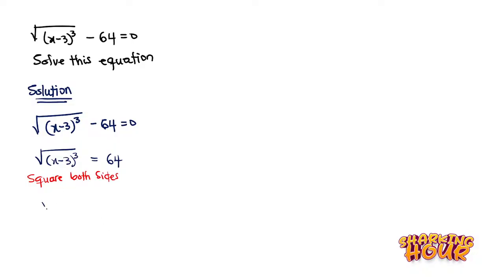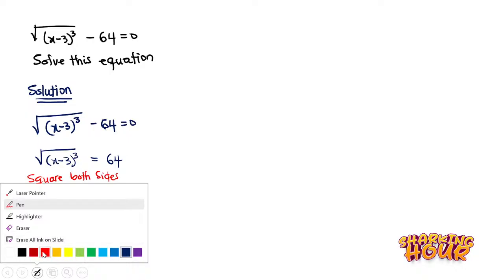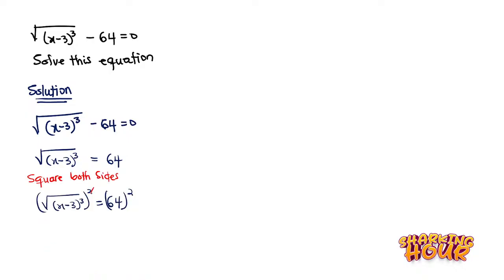So in doing that, I will have the expression (x minus 3) cubed here is equal to 64, and then I put square here. I square both sides. And so I can now continue to solve my problem. Now what happens is that the fact that I've squared both sides means that the square here will take care of the root sign over here.